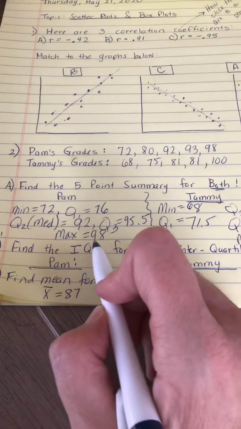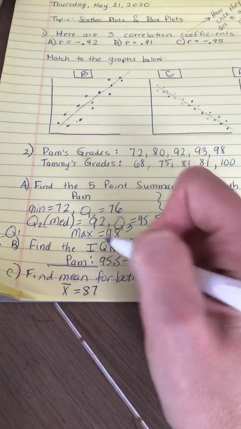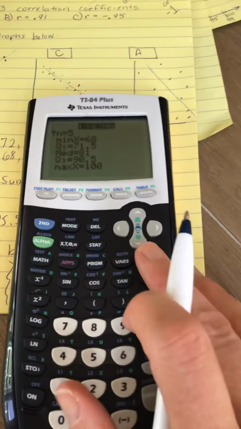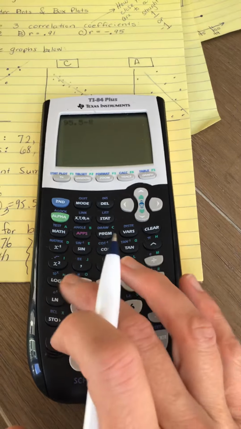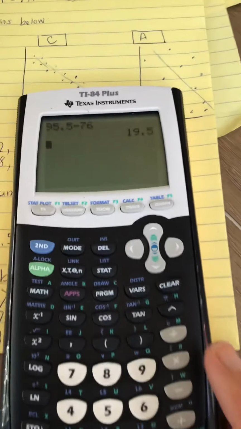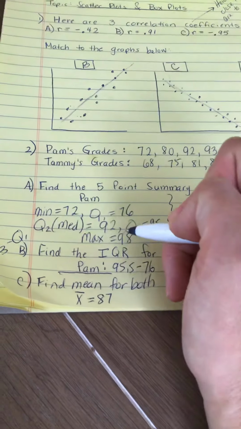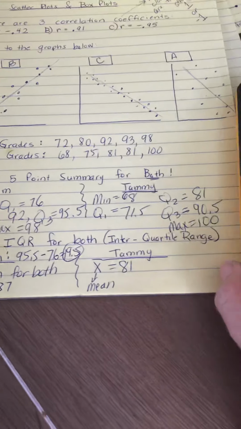So Q3 for her is 95.5 minus Q1 for her is 76. So 95.5 minus 76 equals 19.5, that's her IQR.